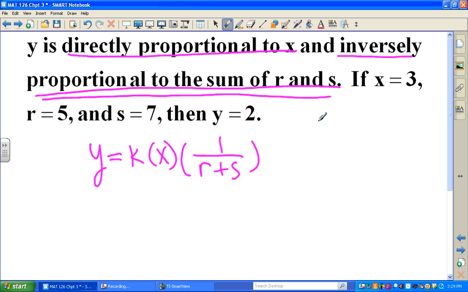All right? Now, the only tough thing about this is your algebra. Putting the 2 in for Y, got the K, solving for the K, you got the 3, got the 1 over 5 plus 7.